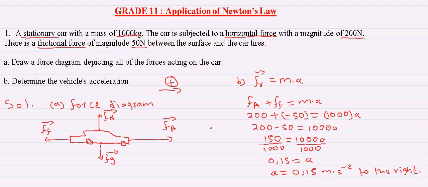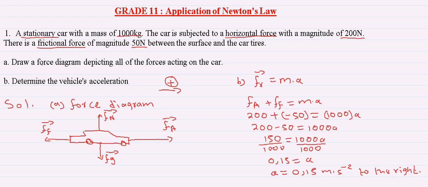So this is how to answer the question if you are given a similar one. Let's do a recap. It said a stationary car with a mass of 1000 kg is subjected to a horizontal force with a magnitude of 200 Newton. There is a frictional force of magnitude 50 Newton between the surface and the car tire.